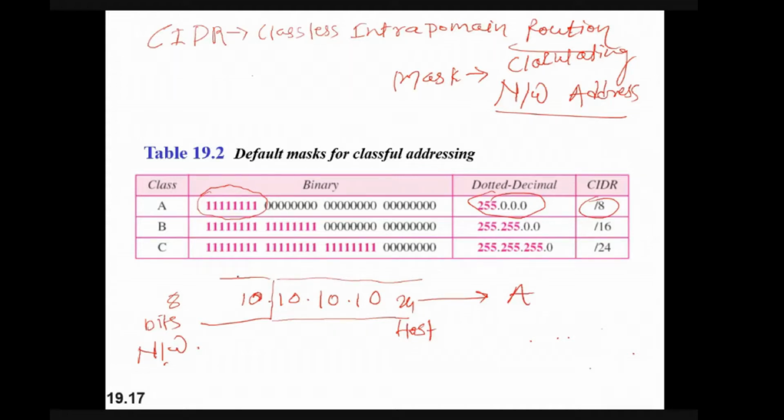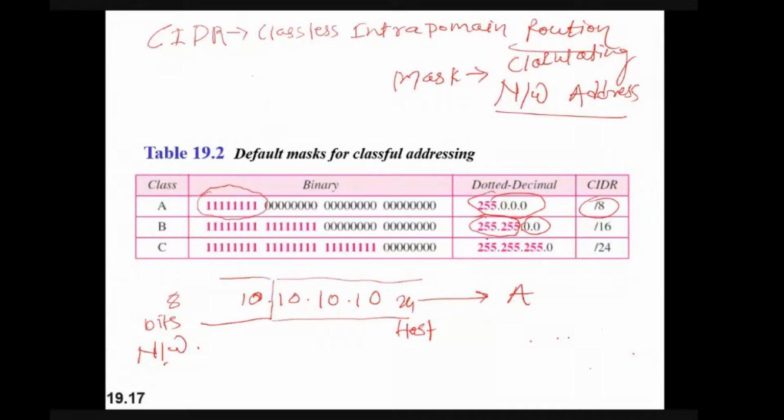Now we have to identify the network part using a mask. So that's why the first 8 bits are made as 1. Similarly, for class B, first 16 bits are in the network part, remaining 16 bits are in the host part. So the network part is made as 255, host part is made as 0.